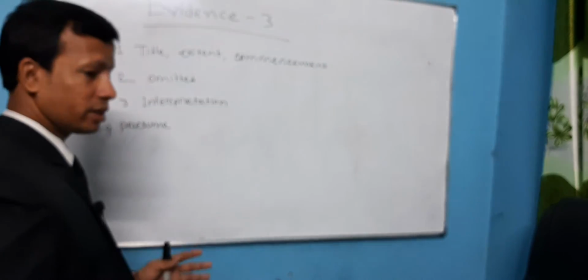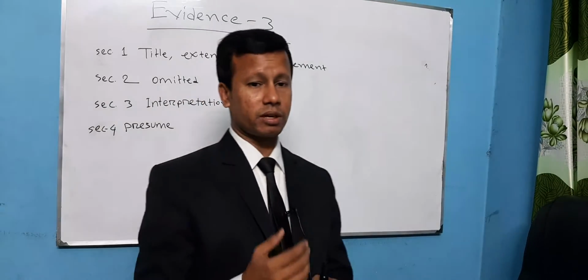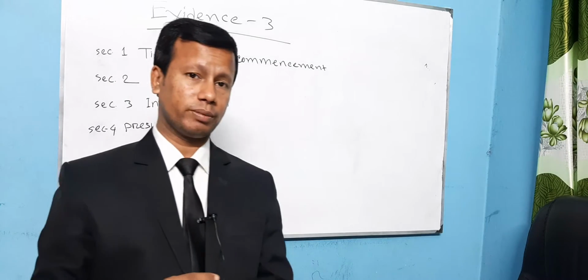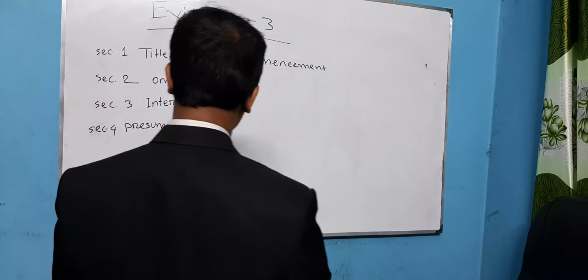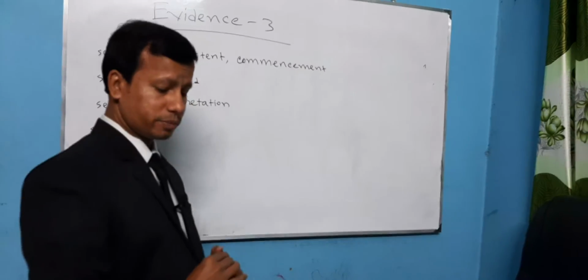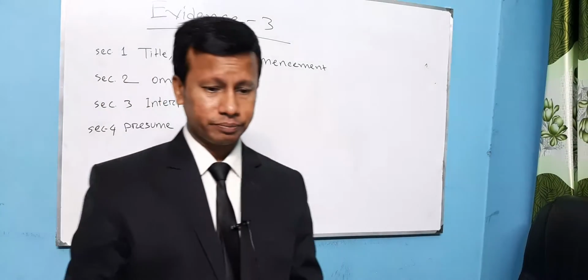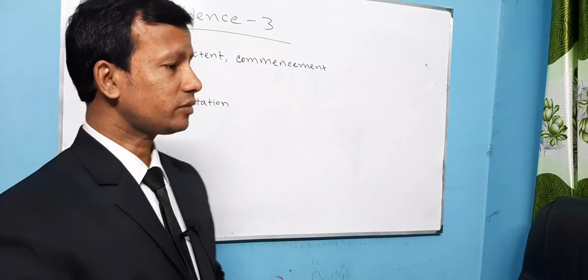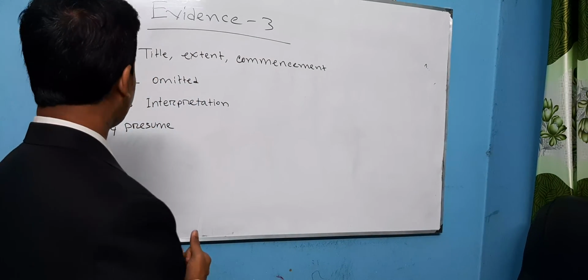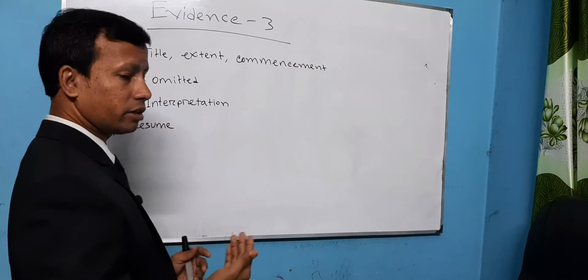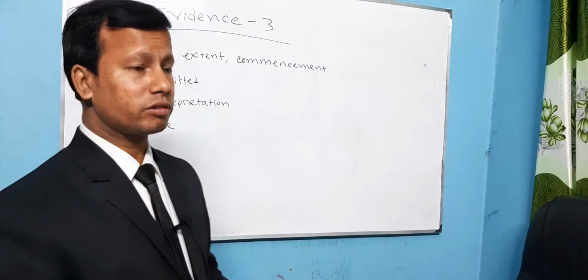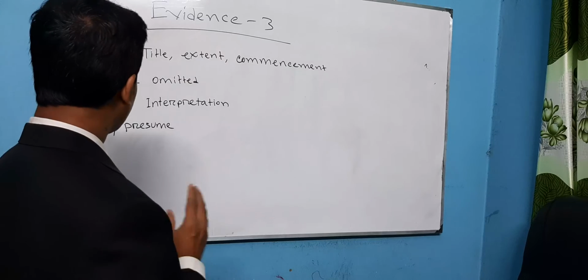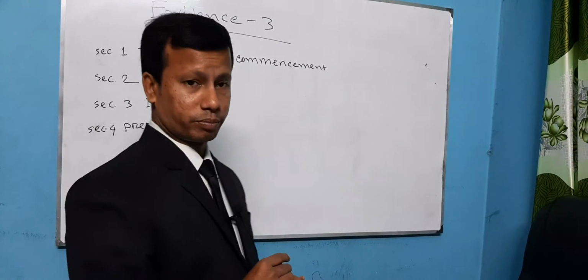And if any document is submitted in court for proving, this is called documentary evidence. Now, proved. What is proved? Proved is when anything is submitted in court for proving, and if the court believes it, it will be proved.